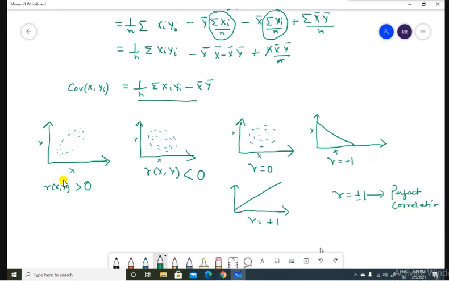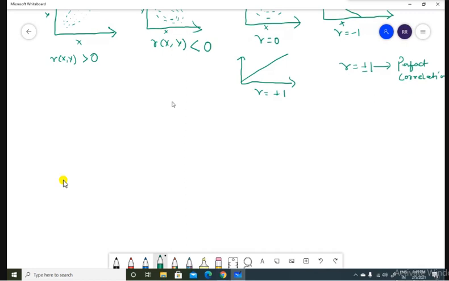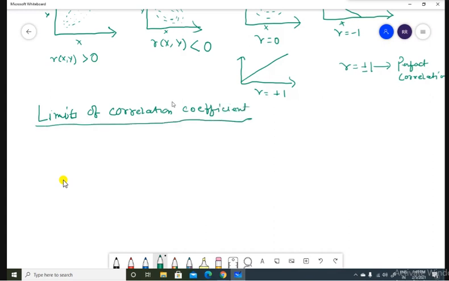Okay, in the next class we will discuss limits of the correlation coefficient. The limit of the correlation coefficient is that r varies from -1 to +1. We will also derive this limit.